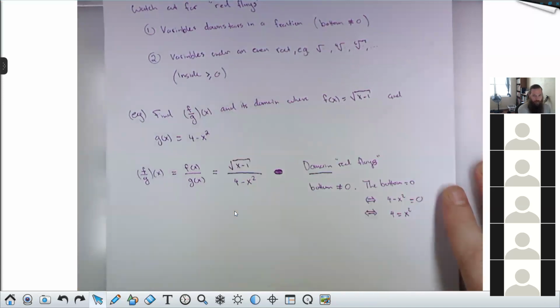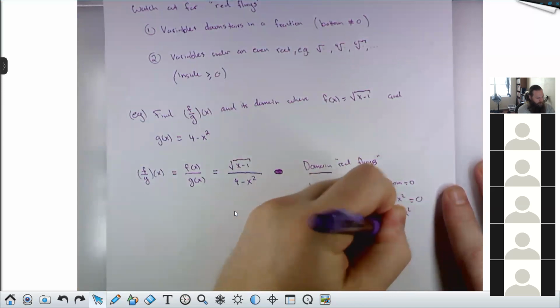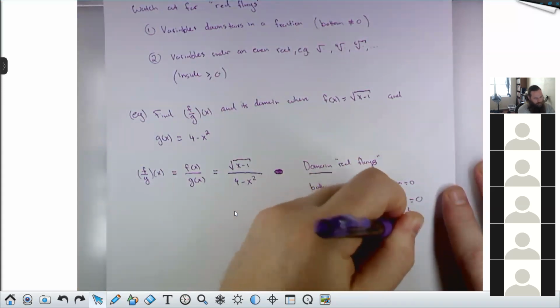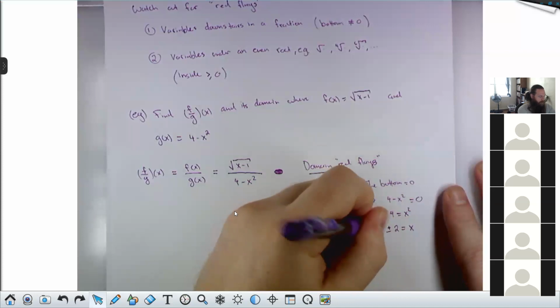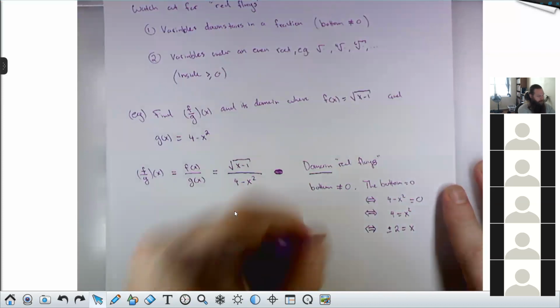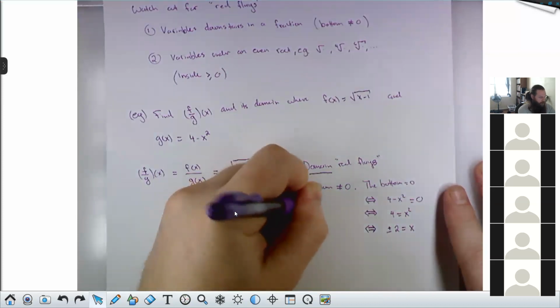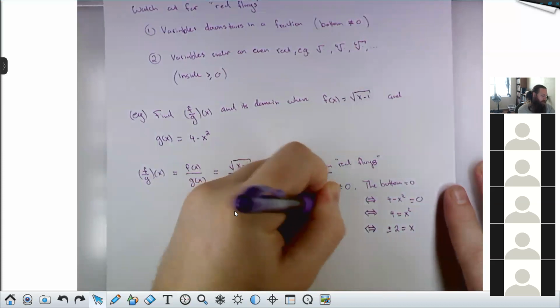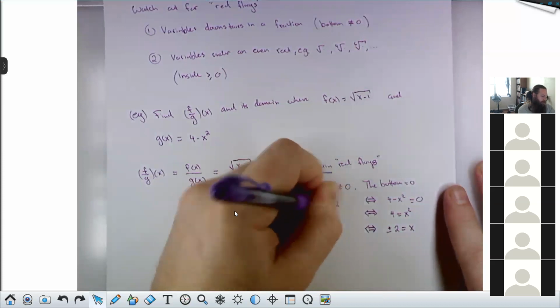I just added the x squared to both sides. And then taking square roots, that's the same as plus or minus 2 being equal to x. So since my bottom is 0 if x is plus or minus 2, x is not allowed to be either of those.